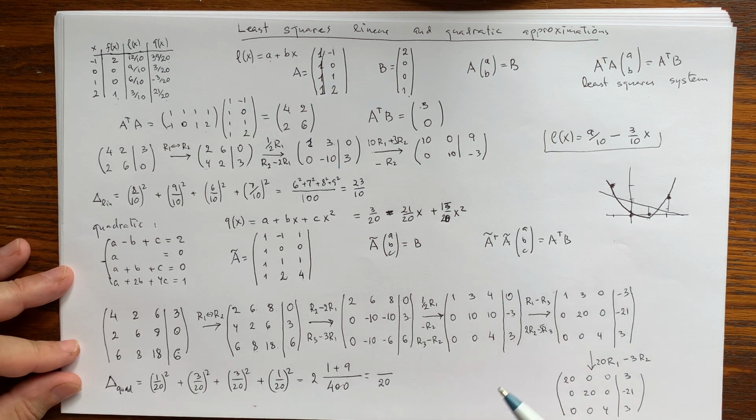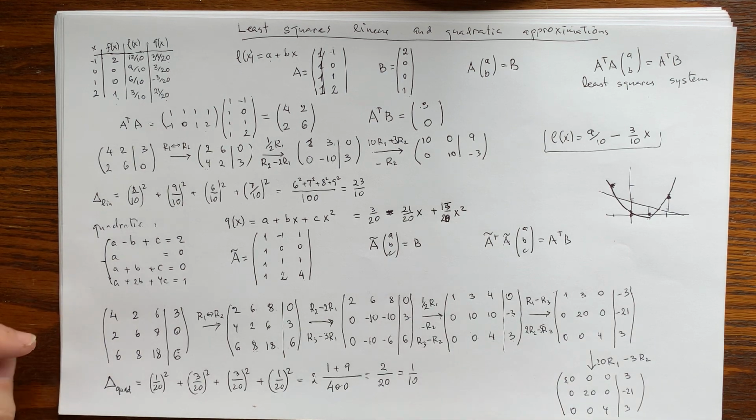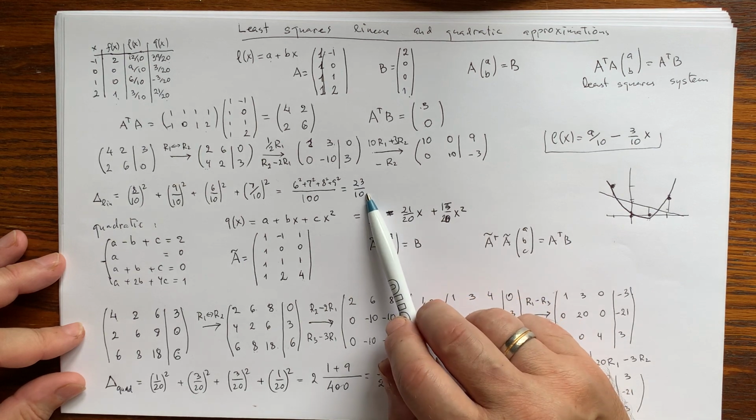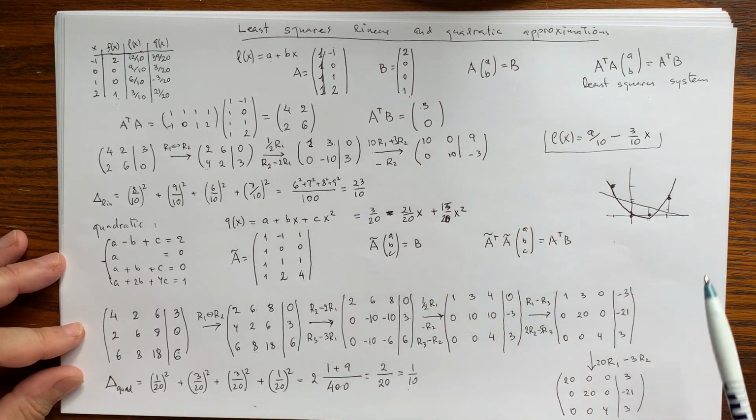Well, yeah, we have 2. So that is really 1 over 10. I'm doing it right. 9 and 1 is 10. Yeah, so that is a much better deviation than we had before for the linear function.